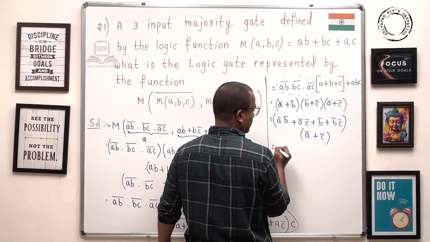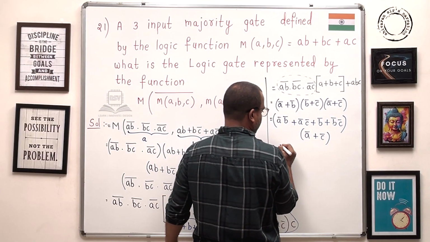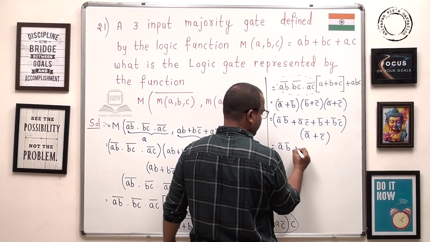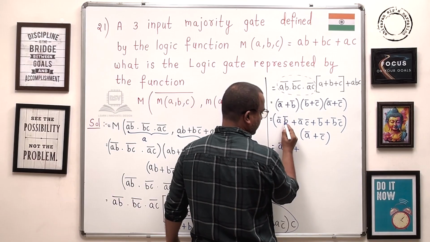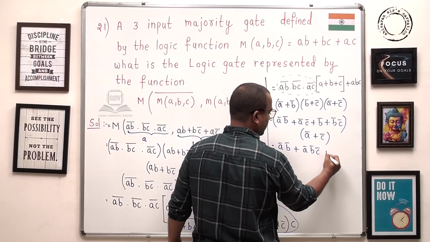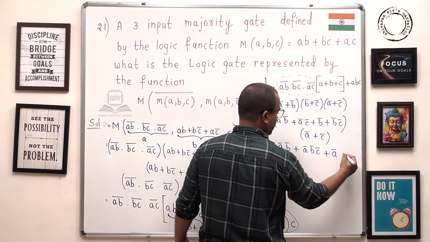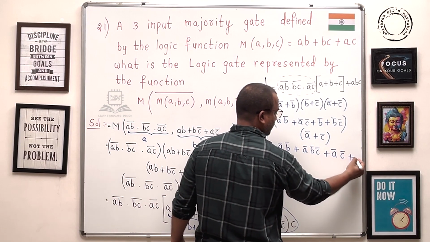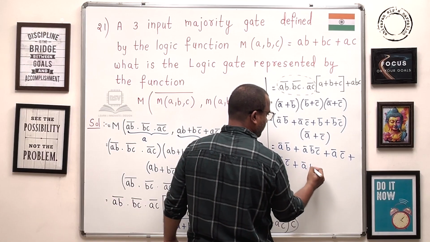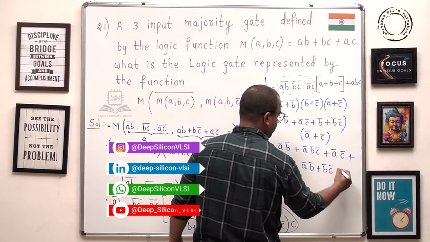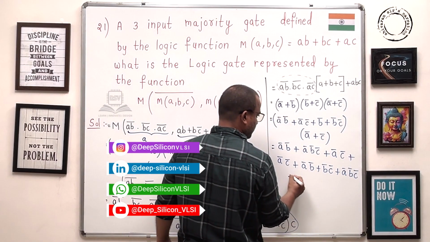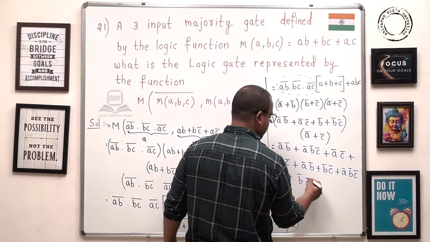Now again here it is A bar B bar into A bar B bar. Similarly, A bar into B bar, A bar B bar into C bar, A bar B bar C bar. Similarly here, A bar C bar, A bar C bar, A bar B bar, B bar C bar, A bar B bar C bar plus B bar C bar.